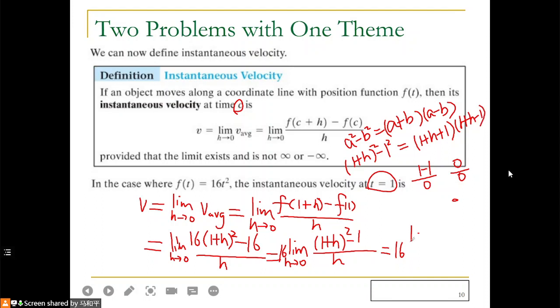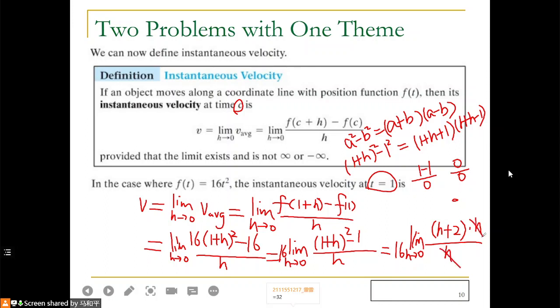So we write the limit as h approaches 0 of (h plus 2) times h over h, right? You know, h approaches 0 means h is near 0, but it's not 0. So h over h is 1, right?